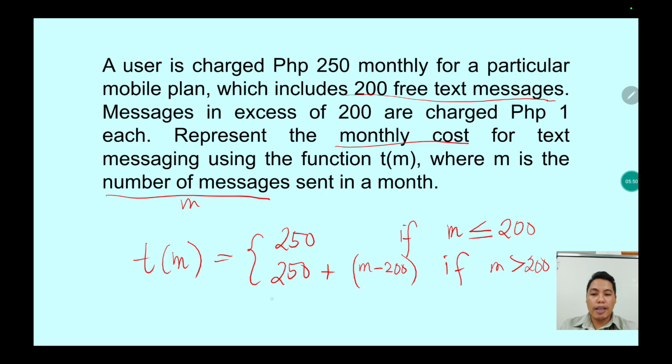So this one is the payment for 200 messages, and this is now the formula for the messages exceeding 200, and you have to add them up. So this is how it will be represented. If you have 90 messages, you go with the first function. If you have 199 messages, you go with the first function. If you have more than 200 messages, like 250, you go with the second function. So that's how a piecewise function works.